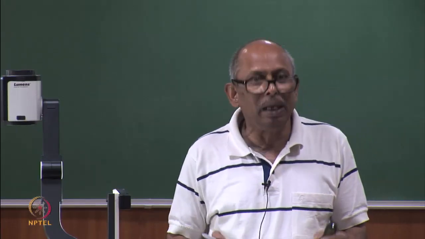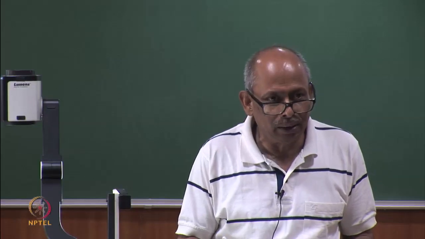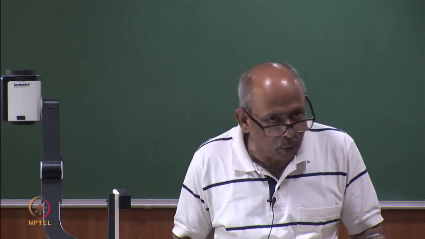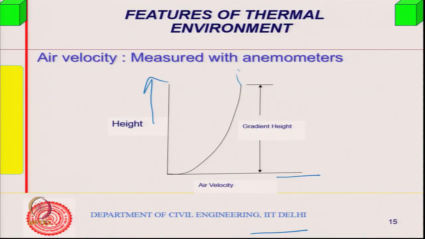Now, one of them is related to topography. So, as the topography changes, this height will change. The velocity near the ground boundary is 0, it increases, and a height beyond which it does not increase further, we call it gradient height. So, wind velocity varies with height.